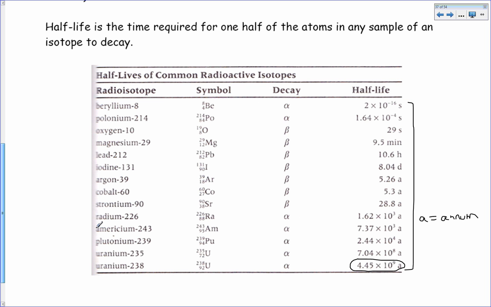Whereas when you get down to things like americium-243 and plutonium-239, uranium-235, uranium-238, they have a ridiculously long half-life, which means they stay radioactive for a long period of time, which means they're always dangerous, right? 4.45 times 10 to the 9 years, that's well over a billion years, right?